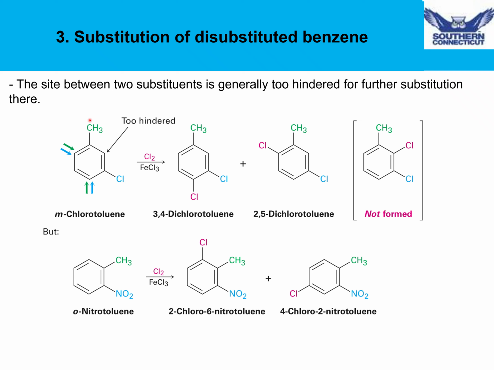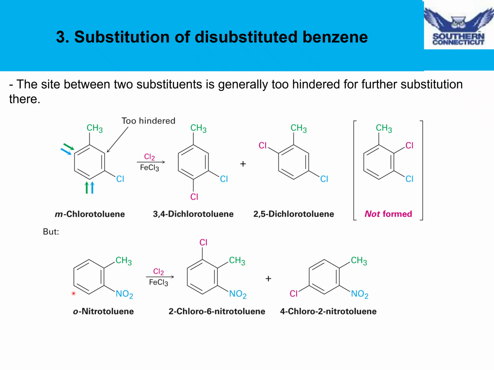So the methyl group should direct the new substituent, ortho or para, to it. Notice that one of the ortho positions is blocked by the fact that there are two substituents surrounding it. So the halogen is very likely to add to the para position of the methyl as well as the ortho position of the methyl. Very little of this product, which has the halogen in between the two substituents, will form.